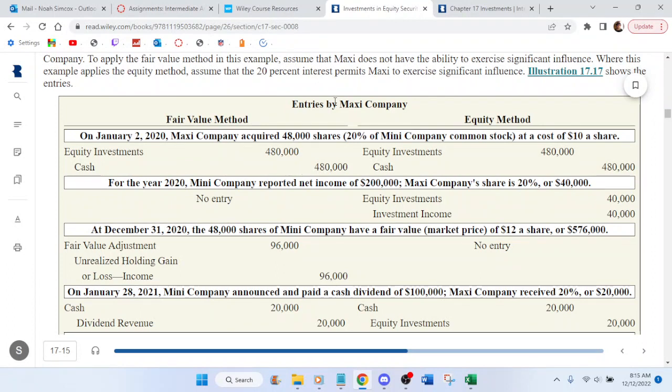So for the fair value method, net income, you record your percentage of net income.